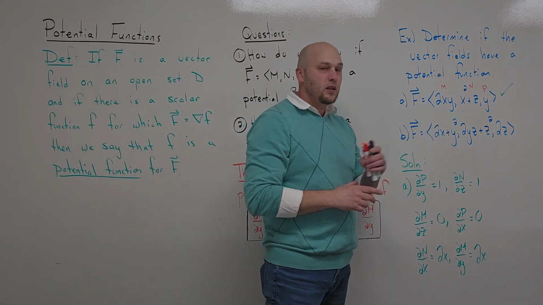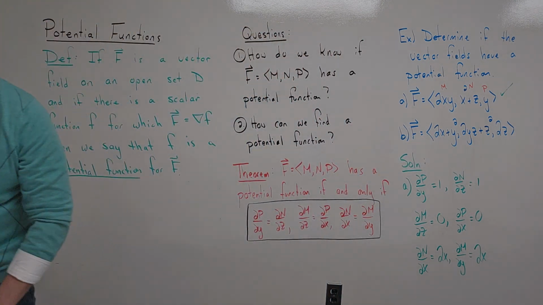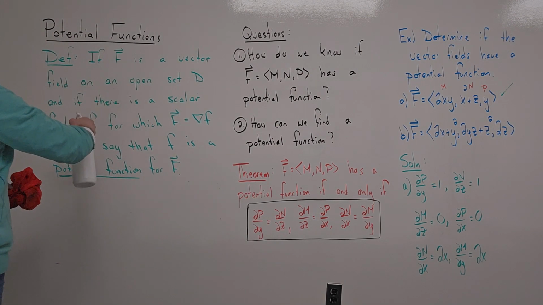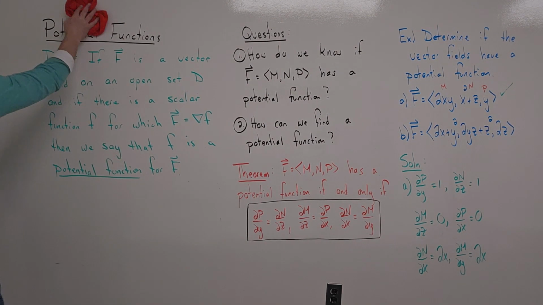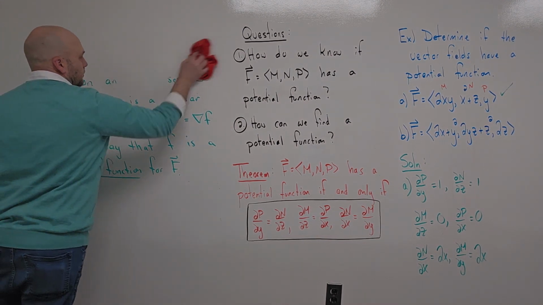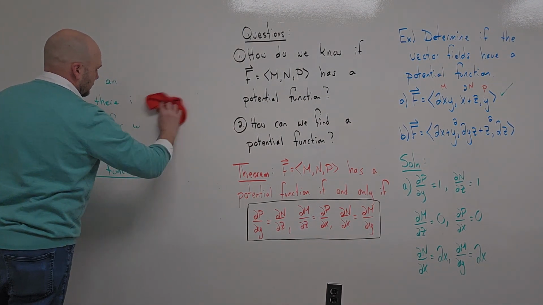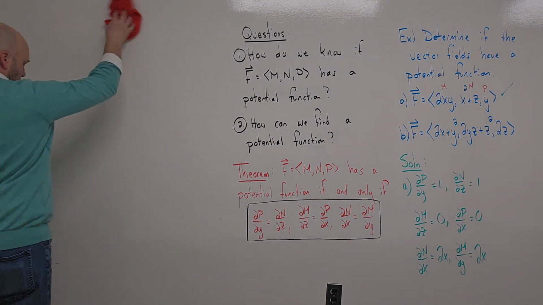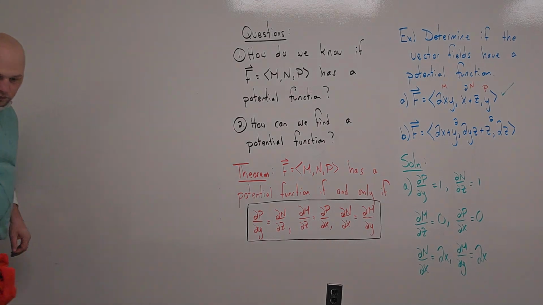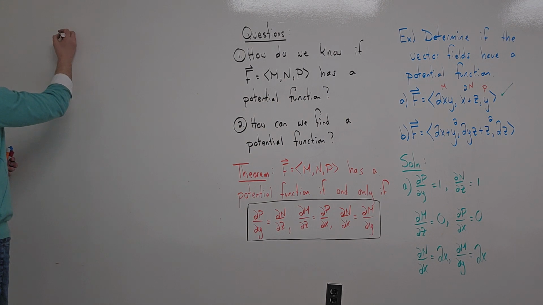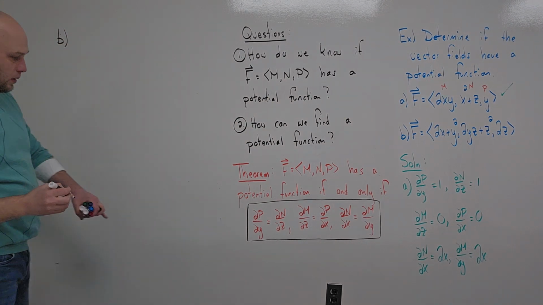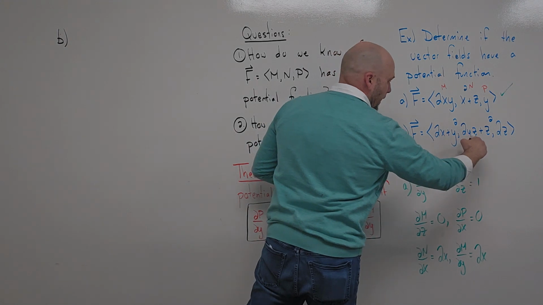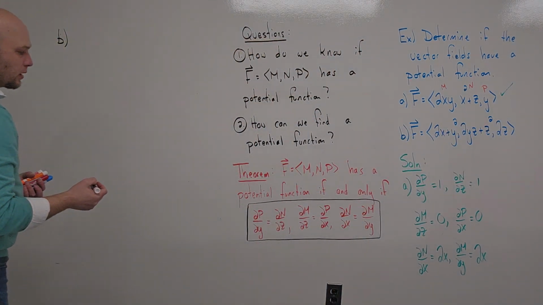Let's go through part B and see if that has a potential function. Part B. Okay, so again, this is M, N, and P, so the first, second, and third components.